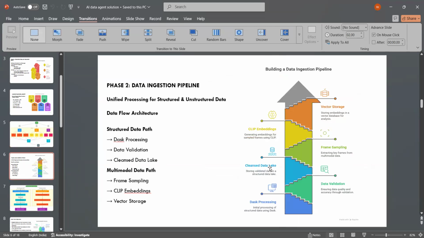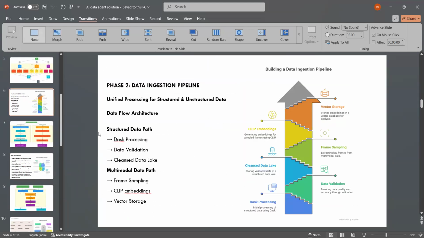Then the second most important phase is the data ingestion pipeline. The data ingestion pipeline is unified processing of structured and unstructured data. First, we process structured and unstructured data, and here you see a data flow architecture. Data flow has a structured data path, where Dask processes the structured data.